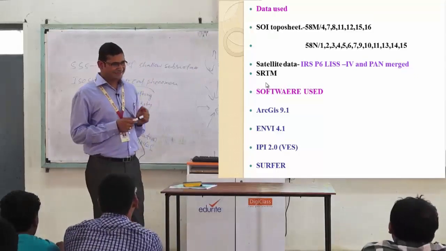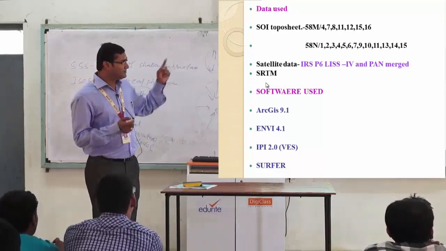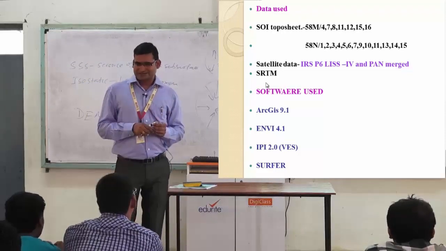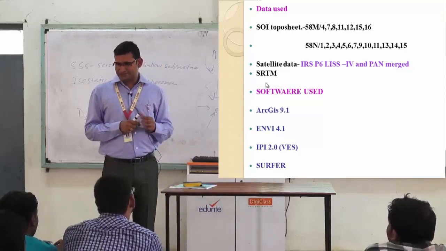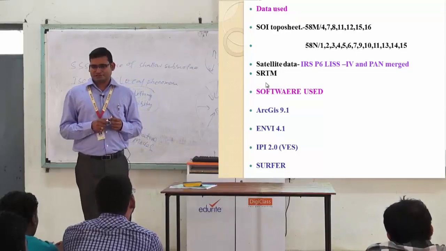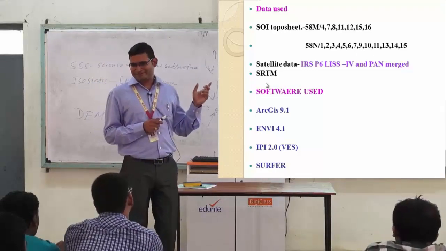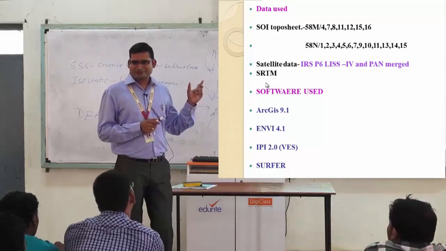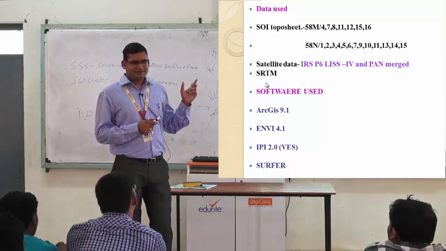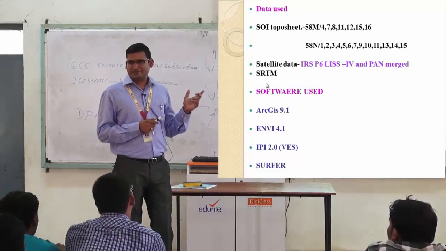What is IRS? Yes, Indian Remote Sensing Satellite, and P6 is the polar satellite launch vehicle satellite. Yes, P6, the number is there, and LISS 4 is the sensor. Linear Imaging Self Scanning. What is the abbreviation for this LISS? Linear Imaging Self Scanning.